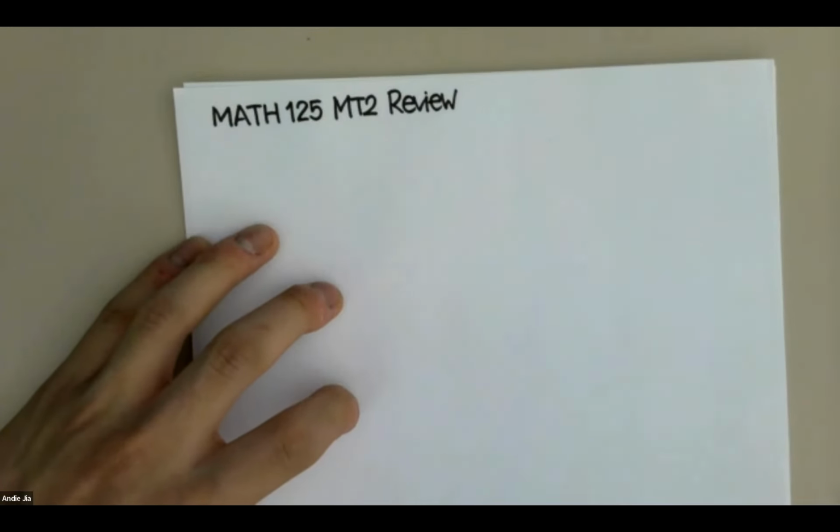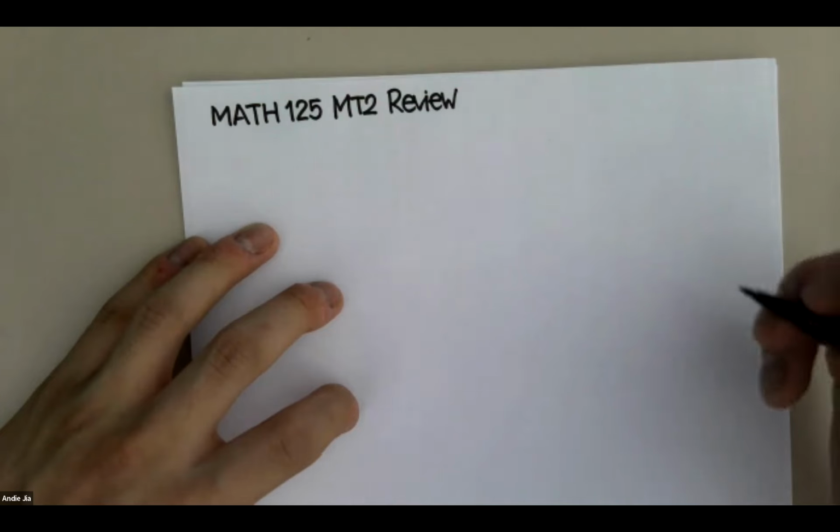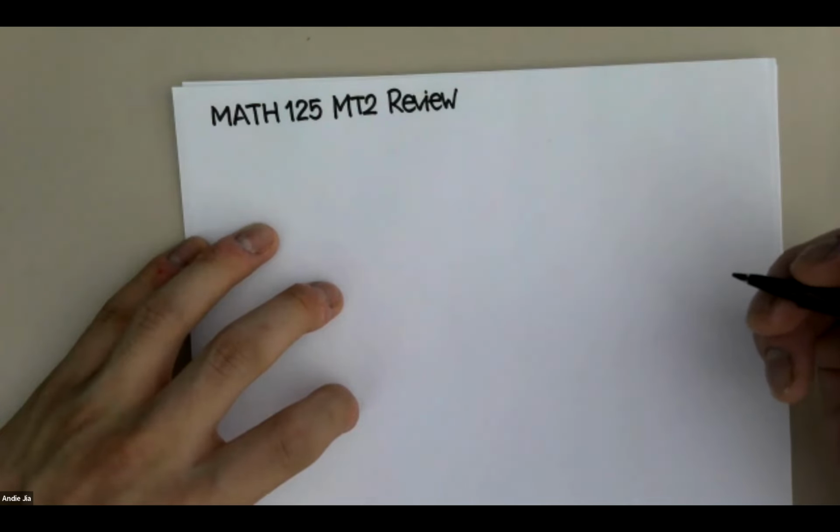It is the portion of the graph y equals arctangent of x, from x equals 0 to 1, rotating about the y-axis to form a container.